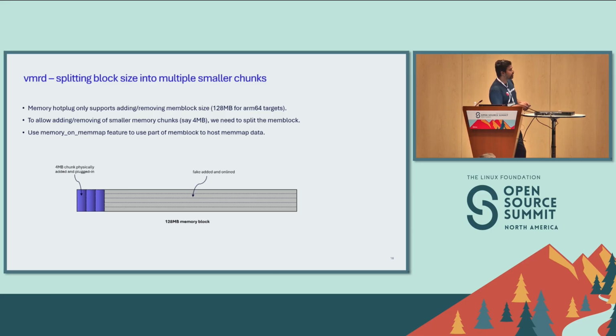The reason this is important is I can literally go from 0 and expand as much as I want, because the memory needed to do bookkeeping for this 128 megabytes can also come from within this newly added block. So basically I can go from 0, and the kernel doesn't need any extra kernel memory to do all this hotplug stuff.